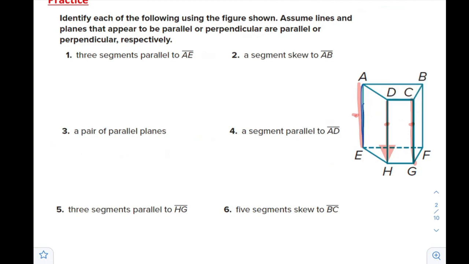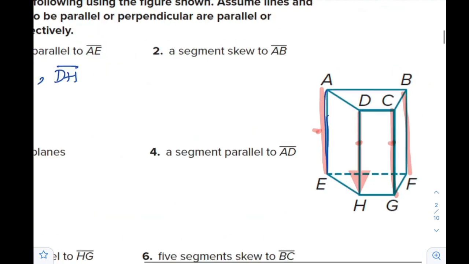Is there anything else? We can say also BF. So the parallel lines are, let's take examples, since he needs only 3: BF, CG, and DH.